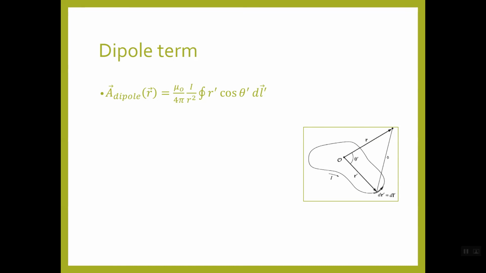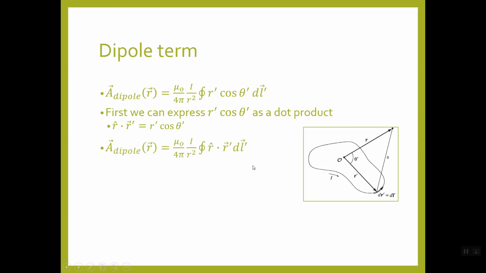The dipole term, if we want to take a closer look at it, we can express our r prime cosine theta prime as a dot product: r hat dot r prime is equal to r prime cosine theta prime, r hat being in the r direction. So I plug that in.